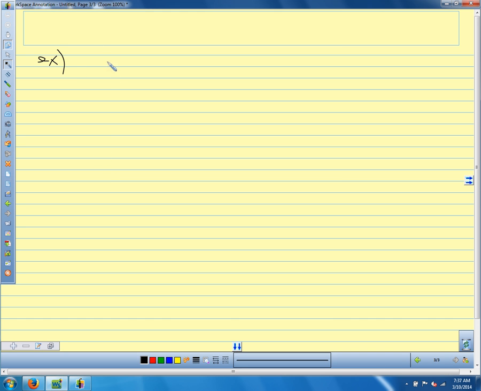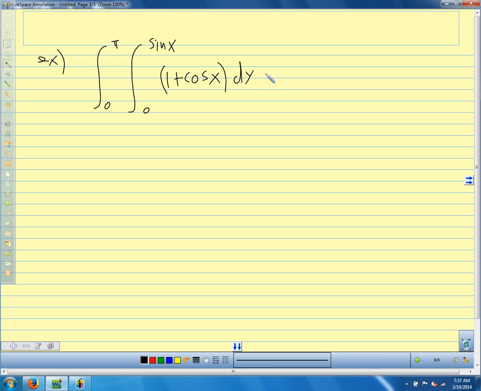All right, so let's look at an iterated integral. An iterated integral looks something like this. Integral from 0 to pi, integral from 0 to sine x of 1 plus cosine x dy dx. So this would be an iterated integral. We do these inside out. So what I'm going to do is evaluate the inside integral first.